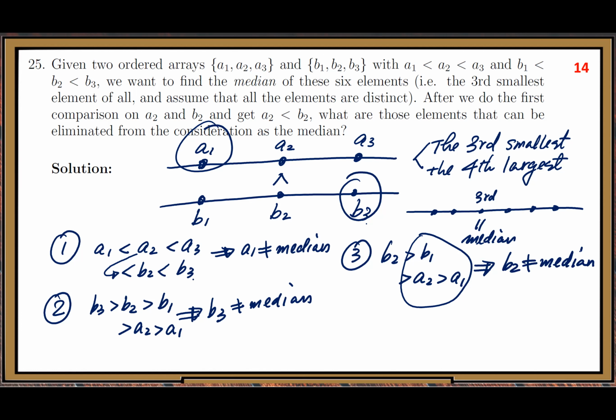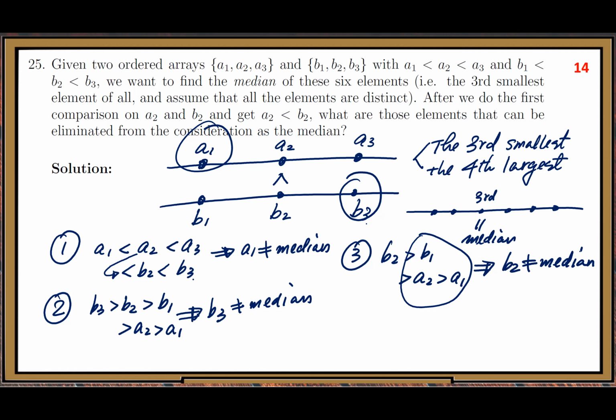The remaining 3 elements, B1, A2, A3, you cannot eliminate with the given information. If you want to make a rigorous conclusion, you can make an example. Can you make an example following the given information such that B1 is the median?